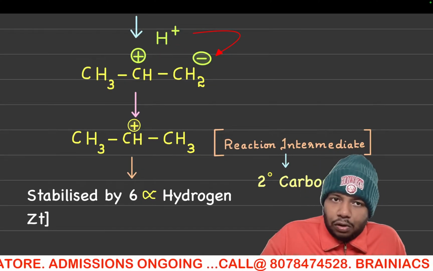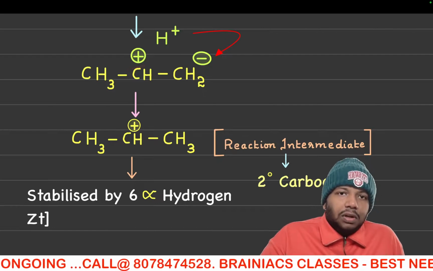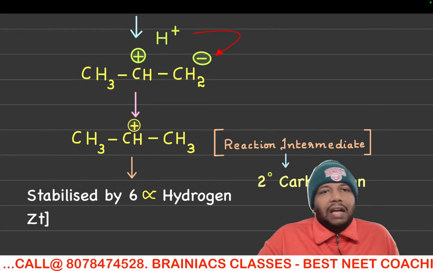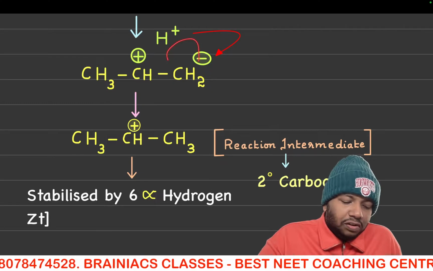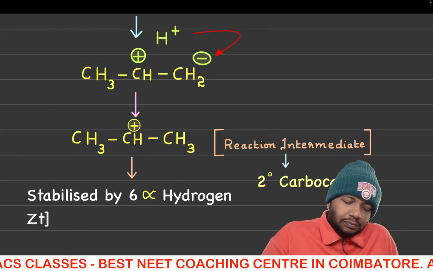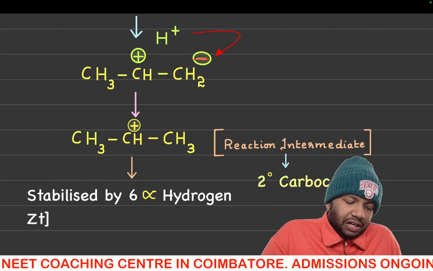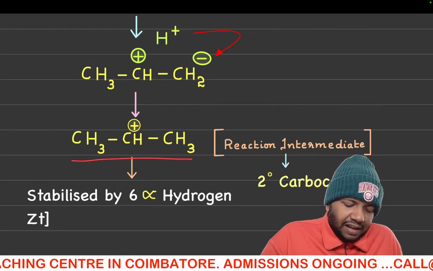This is also Markovnikov's rule. What does that mean? The positive charge will come to the less hydrogenated carbon, with respect to this stability concept based on hyperconjugation. So H plus will attack the negative charge, because negative attracts positive, and you get an intermediate.